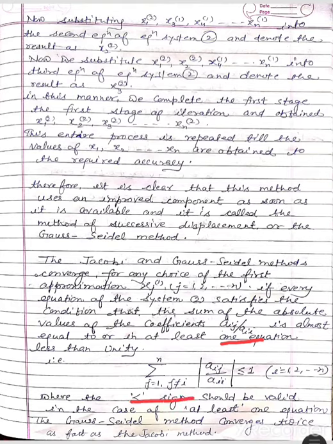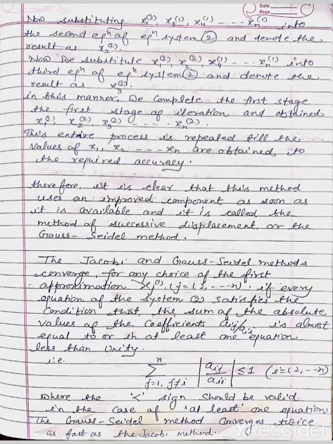We can represent this condition mathematically as the summation over j equals 1 to n, where j is not equal to i, of the modulus of aij over aii, less than or equal to 1, where i goes from 1 up to n.